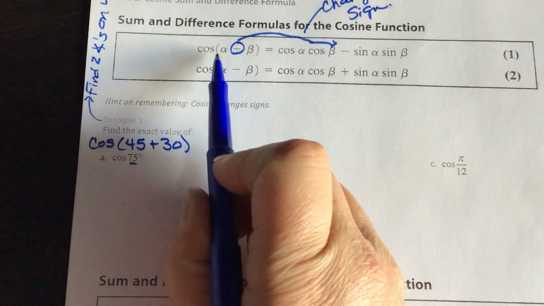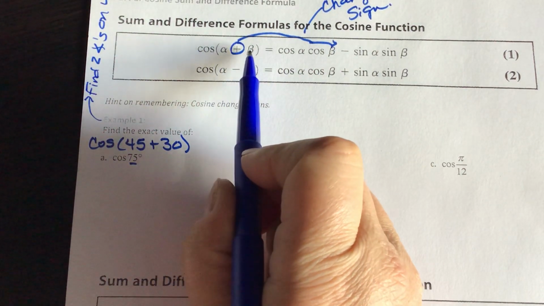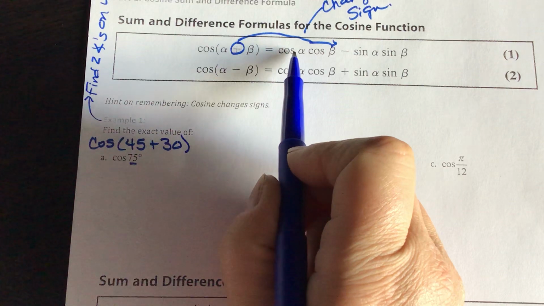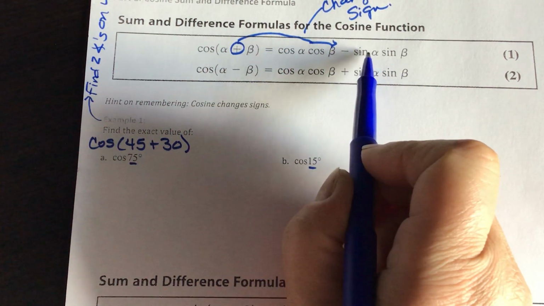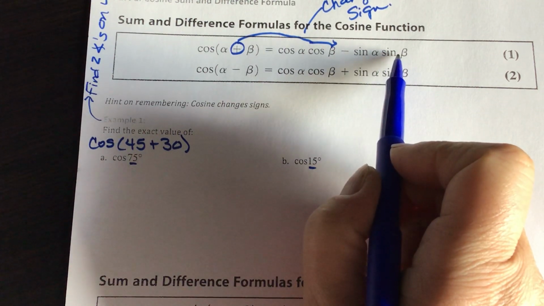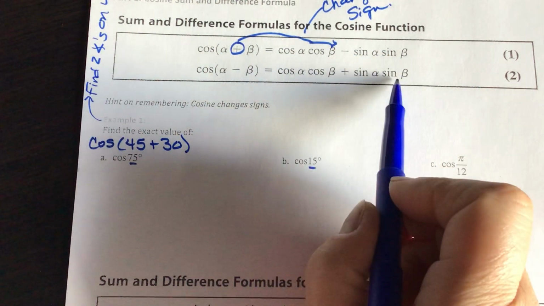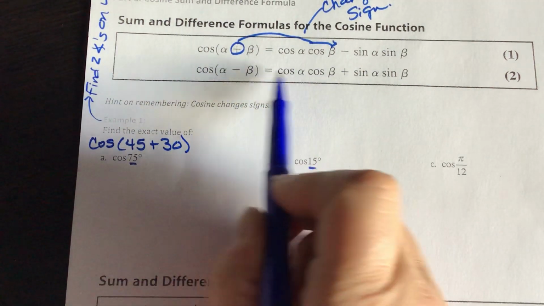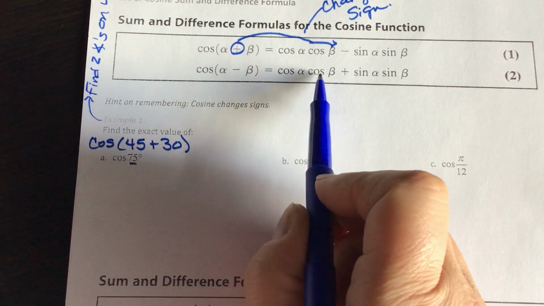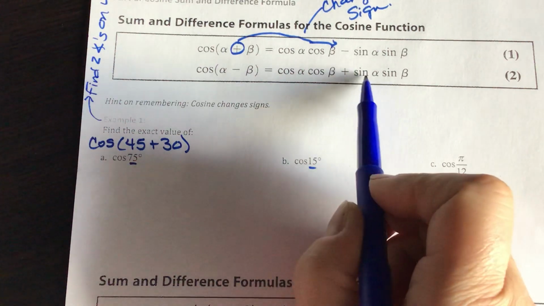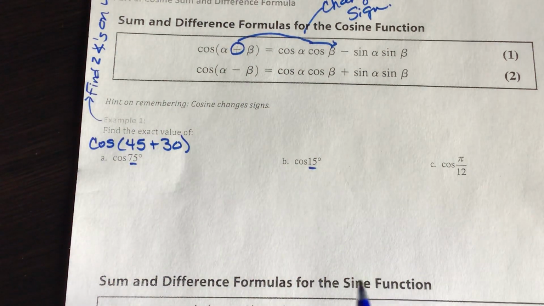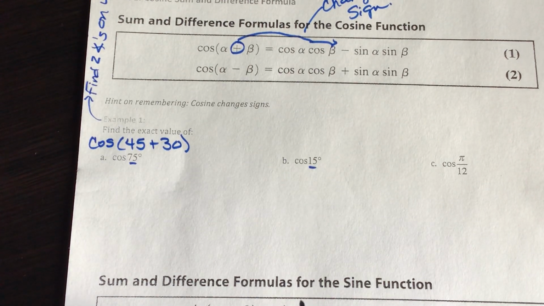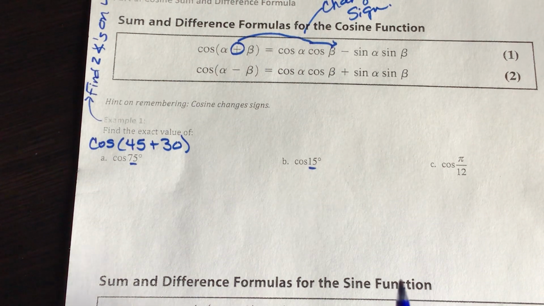So if I have cosine of A plus B, I have cosine of A times cosine of B, and then subtract sine of A times sine of B. Same thing here: if I'm subtracting my two angles, I'm finding the cosine of each angle and adding that to the sine of each angle. When we get to the sine of the sum or difference of two angles, it's a little bit different. We'll talk about that in a minute.